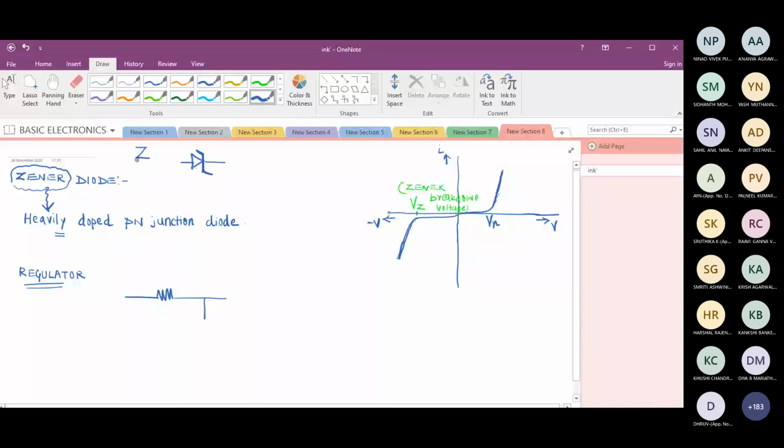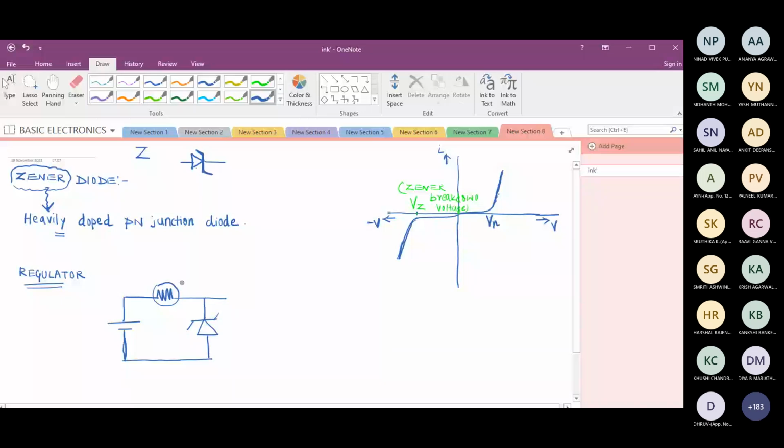Fine. So now I want to reverse bias the diode, so I will place it like this in the circuit. And here I am going to connect a potential. By now you are in a position to understand why I have connected a resistor here. Anybody in the class? Why have we connected a resistor here?